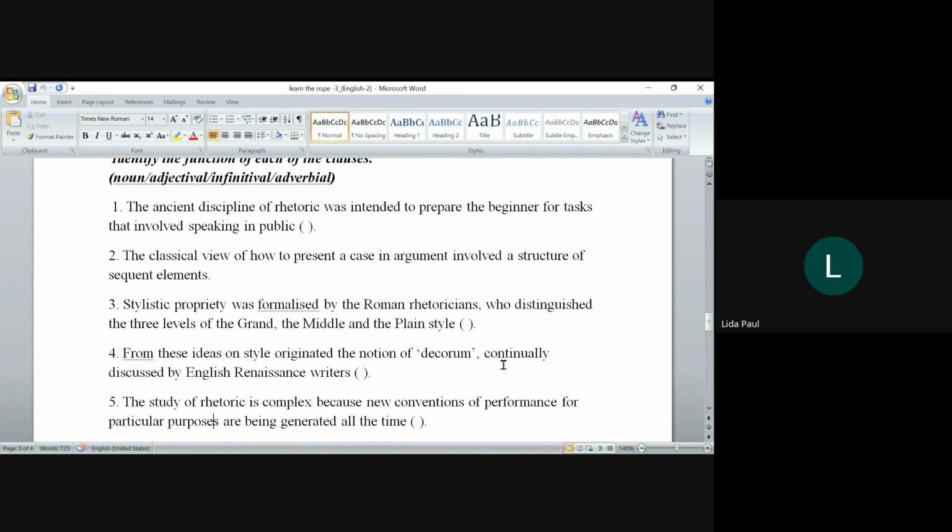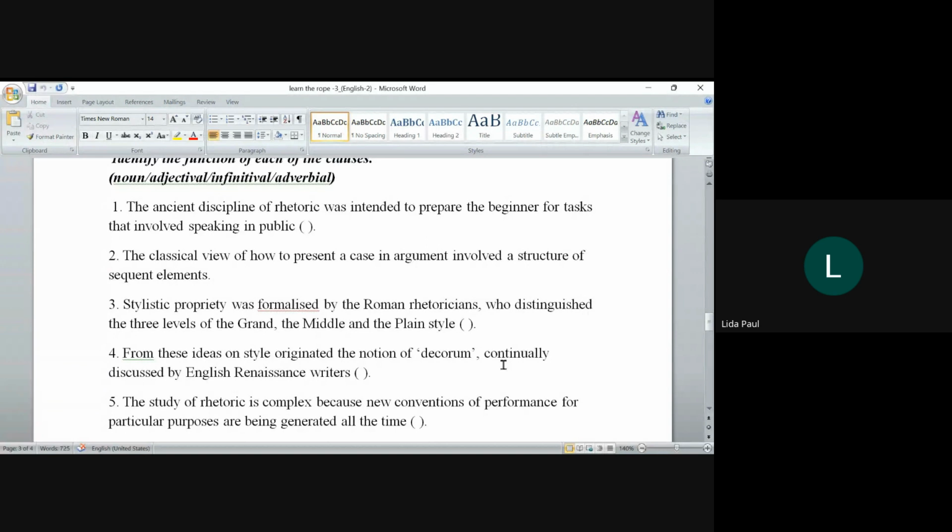Is it related to anything else in that subordinate clause? Look at it closely. It is tasks, right? Yes, tasks, ma'am. "That involve speaking in public," right? It is about the tasks. What kind of tasks? Tasks that involve speaking in public.